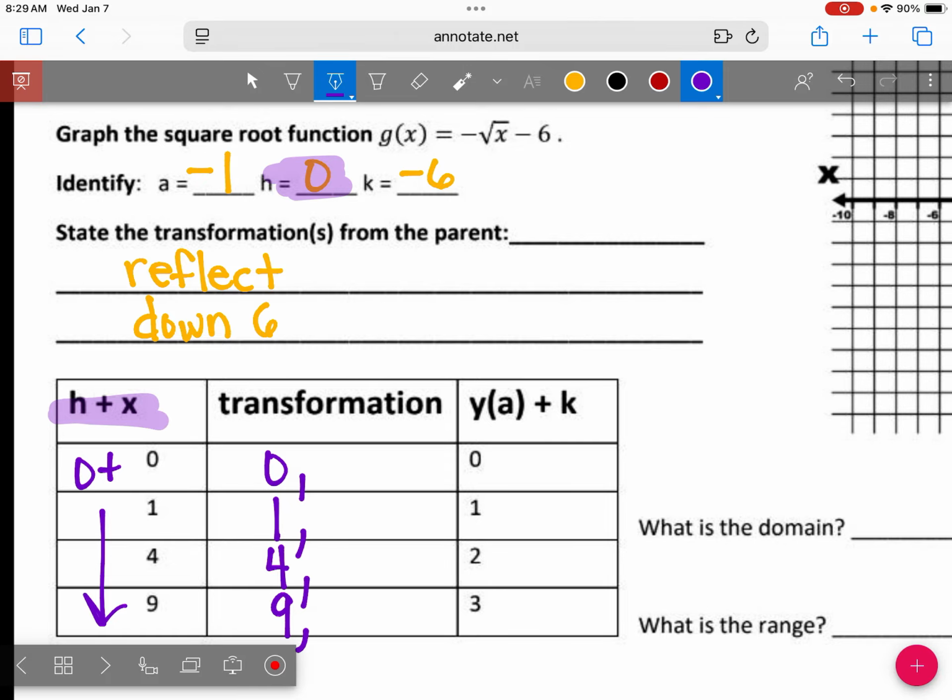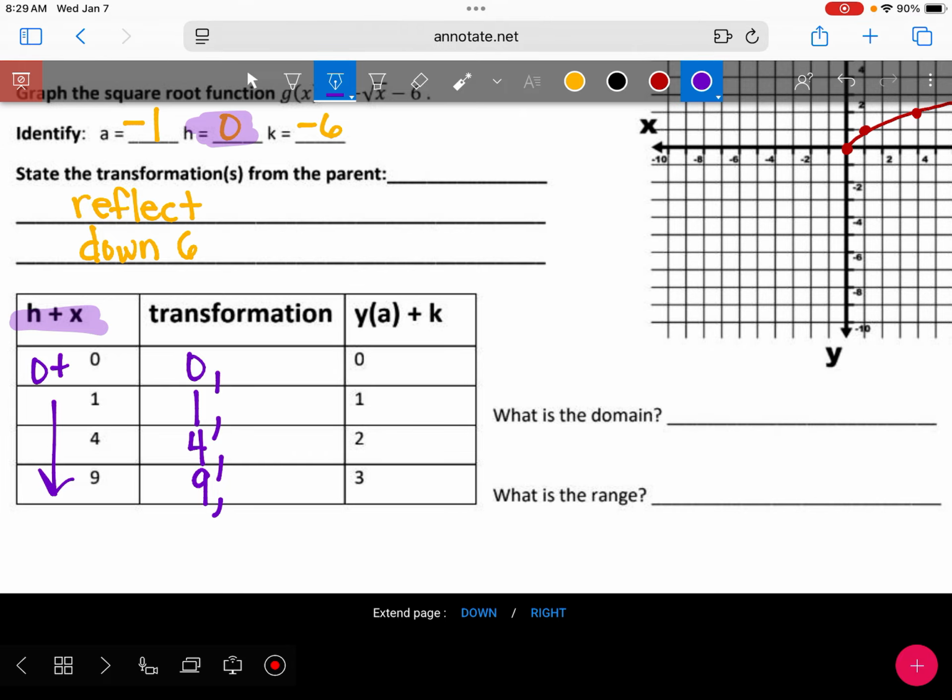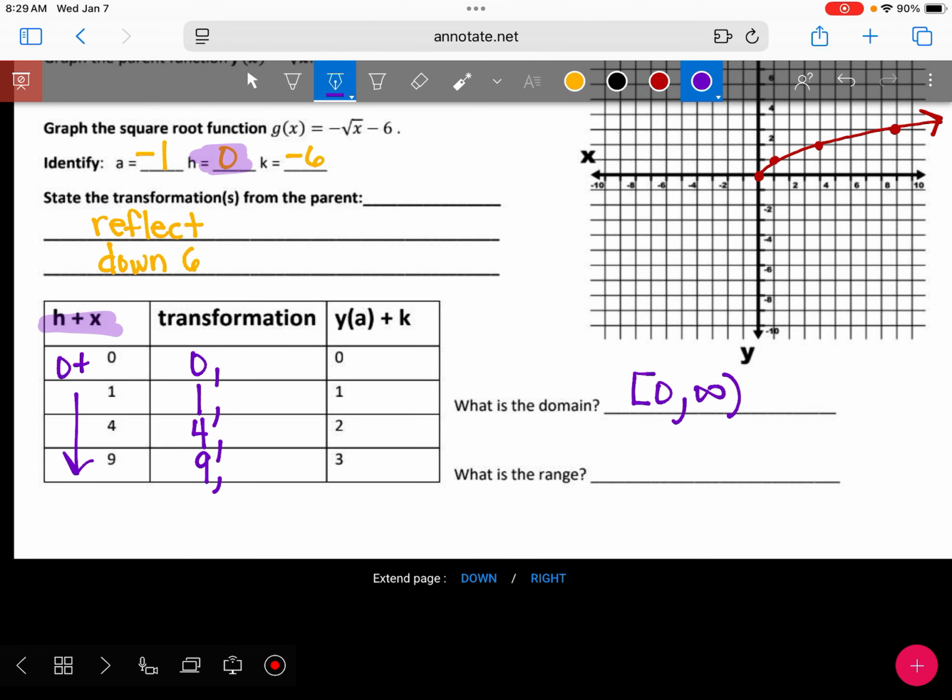And because my X values are still 0, 1, 4, 9, I can fill in my domain too. That means I'm starting at 0 and it's getting bigger. Now, let's look at my A and K. That is going to change my Y values.